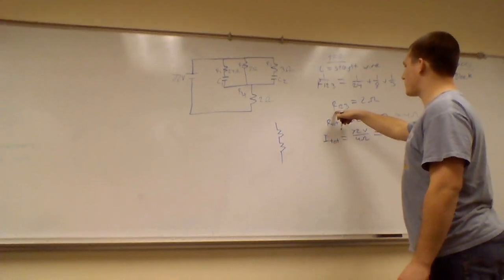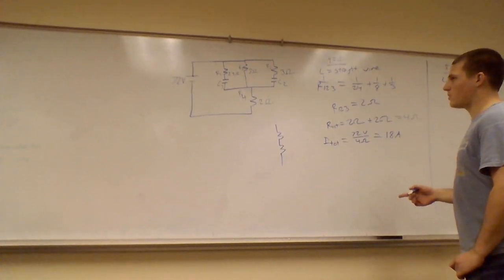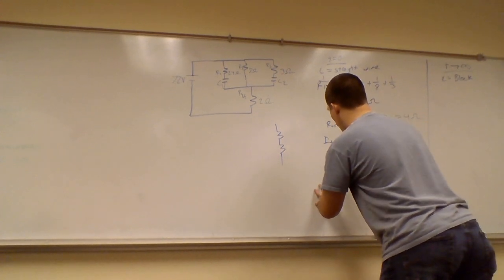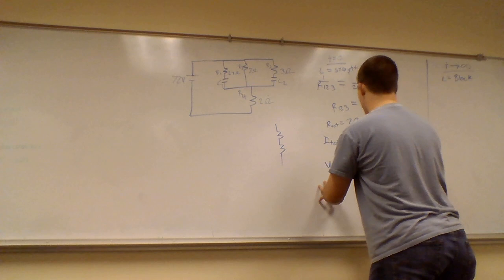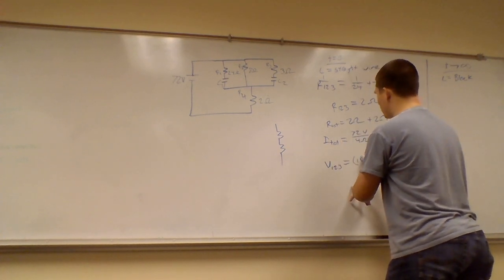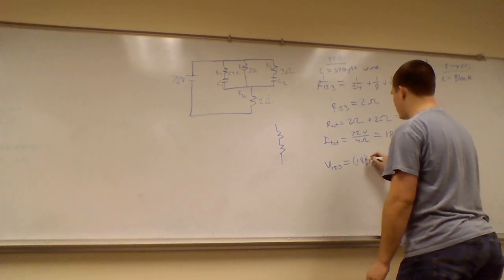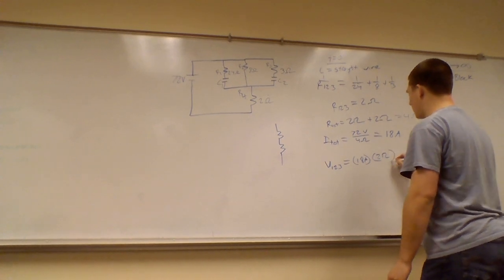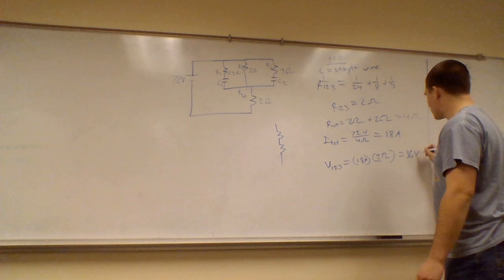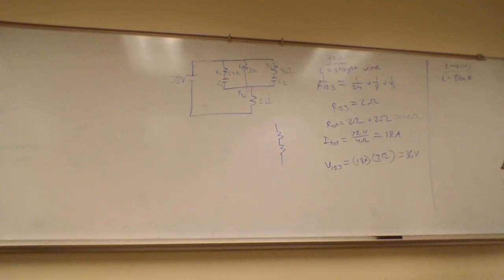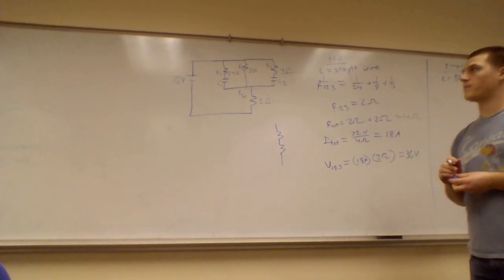So voltage for R1, 2, 3 is just going to equal I total 18 times 2 ohms. So V for that is going to equal 36 volts.